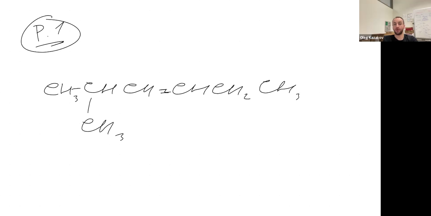If we count left to right, 1, 2, 3, the double bond also starts on the 3rd carbon. So now we need to take into account the branching. Branching is when you have another carbon or more carbons stemming from the main chain. So here we have the branching.